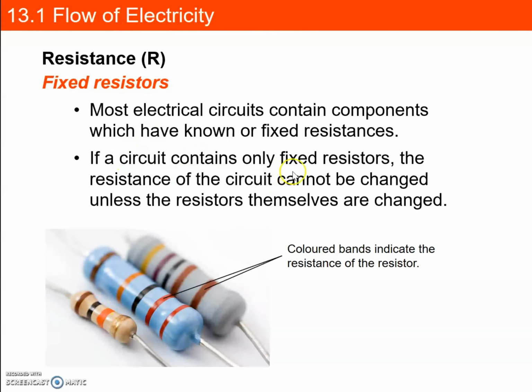Now, if a circuit contains only fixed resistors, then the resistance of the circuit cannot be changed unless we change the resistors themselves. Okay, we can also change the resistance of the circuit if we have variable resistors. Okay, but we are not covering that in this topic at the moment.